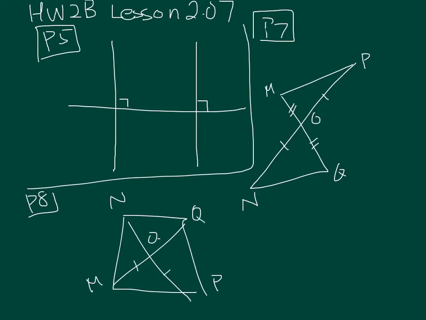Oh, that's Q right there, sorry. And NO equals QO. What can we say? Now it looks like MN and QP do not look parallel. So let's think about why NQ is parallel to MP, and provide a proof.